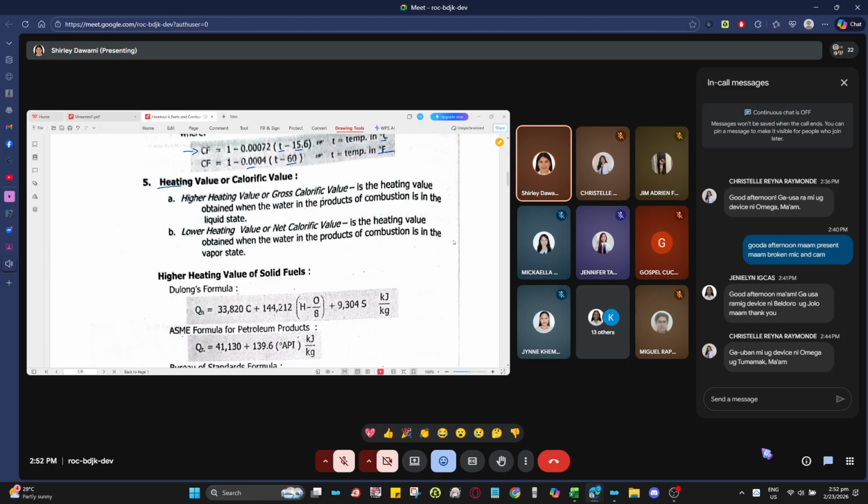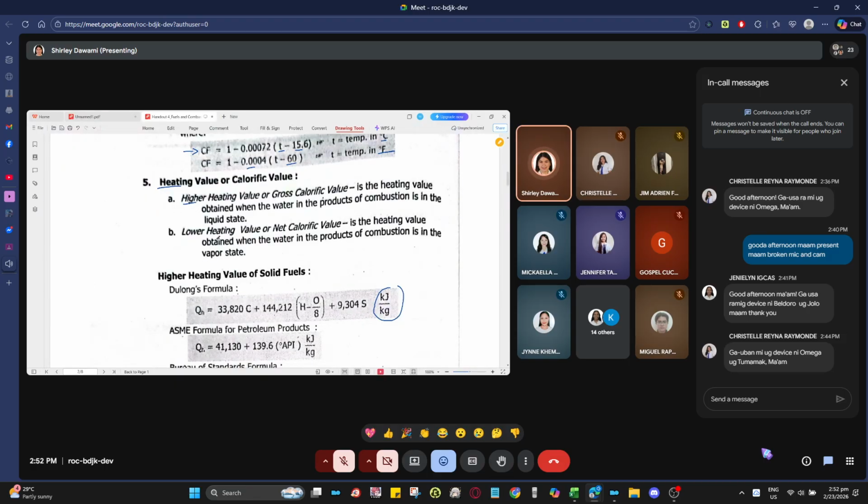Yes, sakto. It's the total heat generated when a unit of fuel is completely burnt. So ang iyahang unit is kilojoule per kilogram, or the heat released per unit mass, di ba?